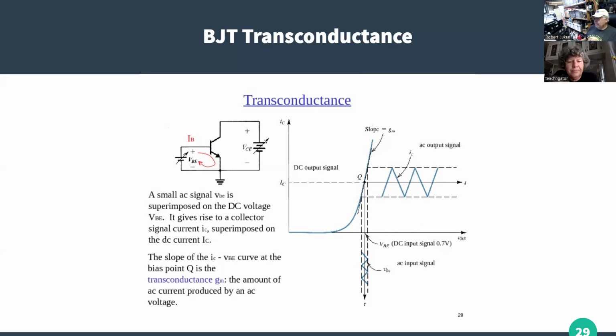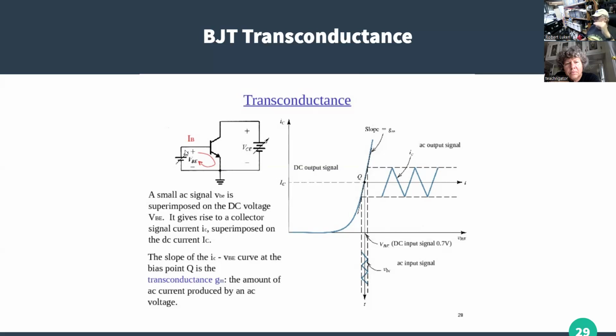And you can see here, we're applying a very small AC signal on the base over here. And it's causing that alternating current to flow because this is biased positively on. Okay, it's above 0.7 volts.